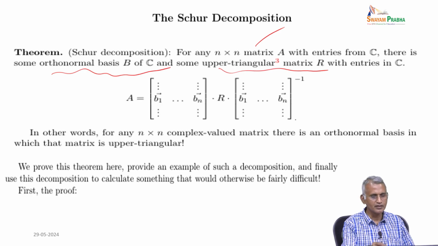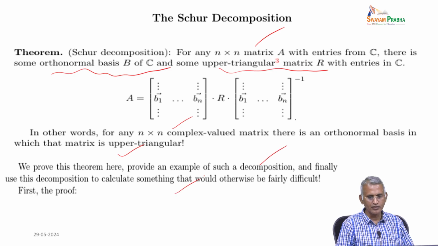In other words, you take an N cross N complex valued matrix, there is an orthonormal basis in which the matrix is upper triangular. We prove this theorem, provide an example of such a decomposition, and finally use this decomposition for calculating something that would otherwise be far more difficult.